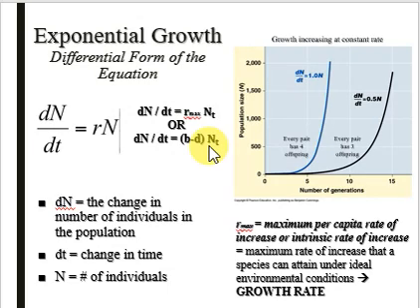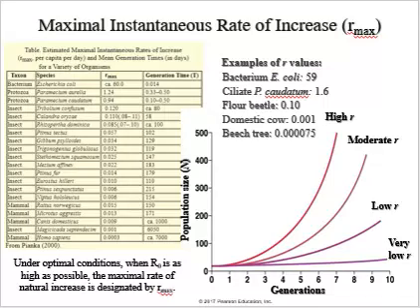So you have ideal growth rates that are occurring under these optimal conditions, right? So again, where R is as high as possible because birth rates are as high as possible and death rates are as low as possible.